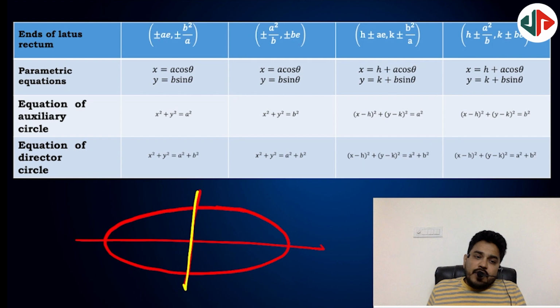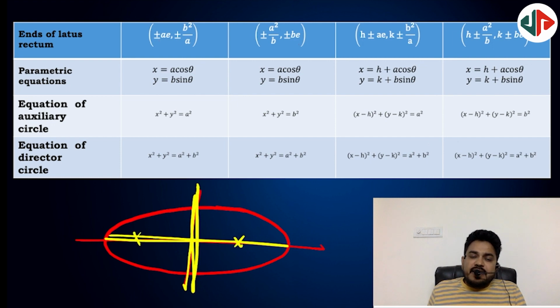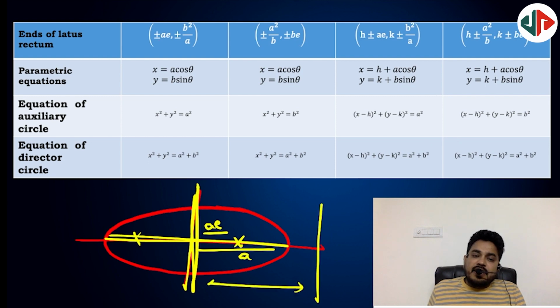Look here, this is the major axis, this is the minor axis, these are the foci. This distance is ae, and from here to here the distance is a. The directrix will be here, and this distance is a by e. This is the latus rectum.